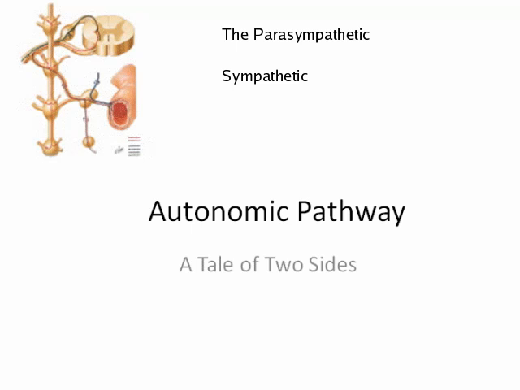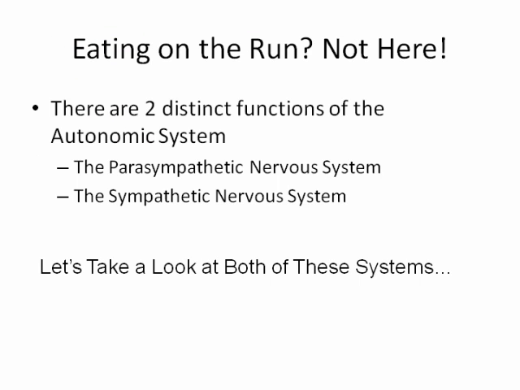What we will do first is discuss the parasympathetic nervous system and how it is used and controlled within the body, and then we'll move on to the sympathetic, and then we'll conclude our session today with that last diagram that shows all of the neural pathways associated with the autonomic nervous system.